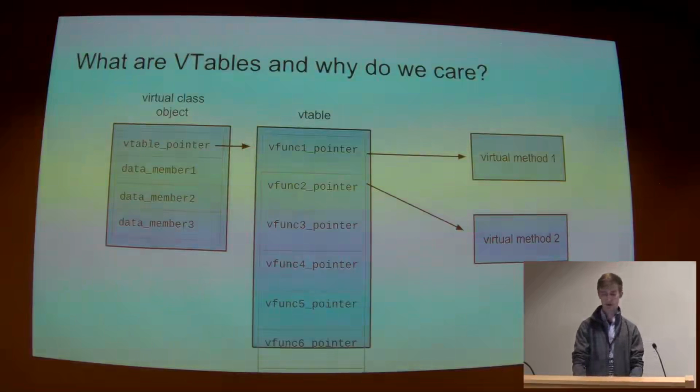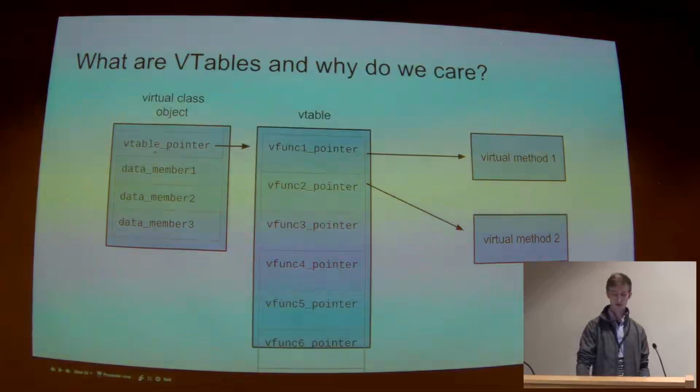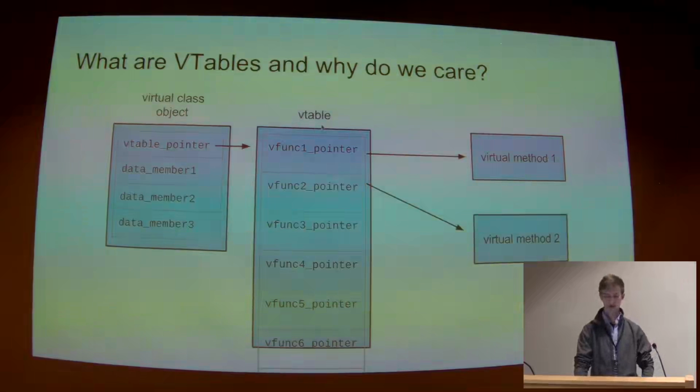So what it does is it hides a pointer inside the instantiated object in memory, and that pointer points to what's called a vtable, which stands for the virtual method table. And the vtable contains function pointers to the correct implementations of the virtual methods.